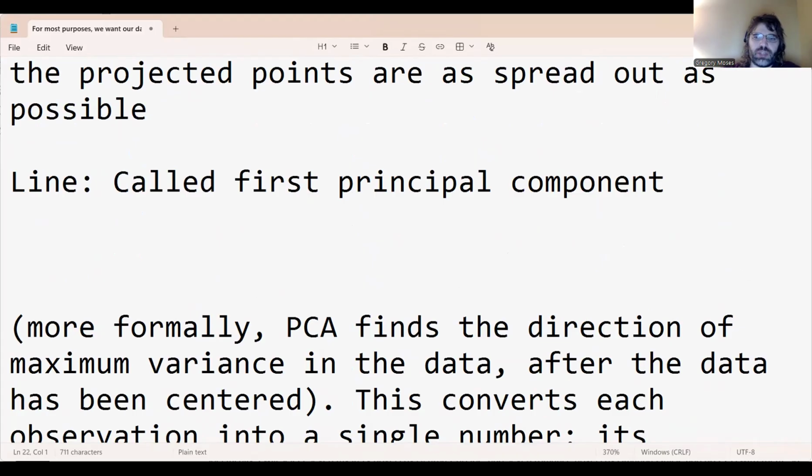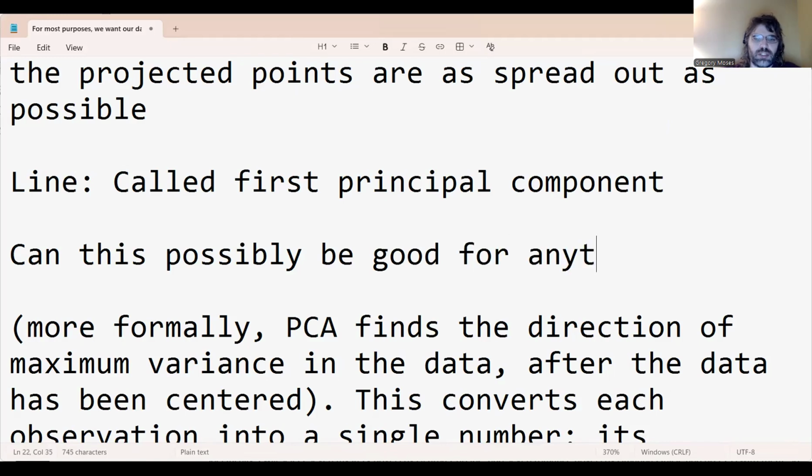And that would be a pretty major reduction in dimension, right? So this is a reasonable question to ask.